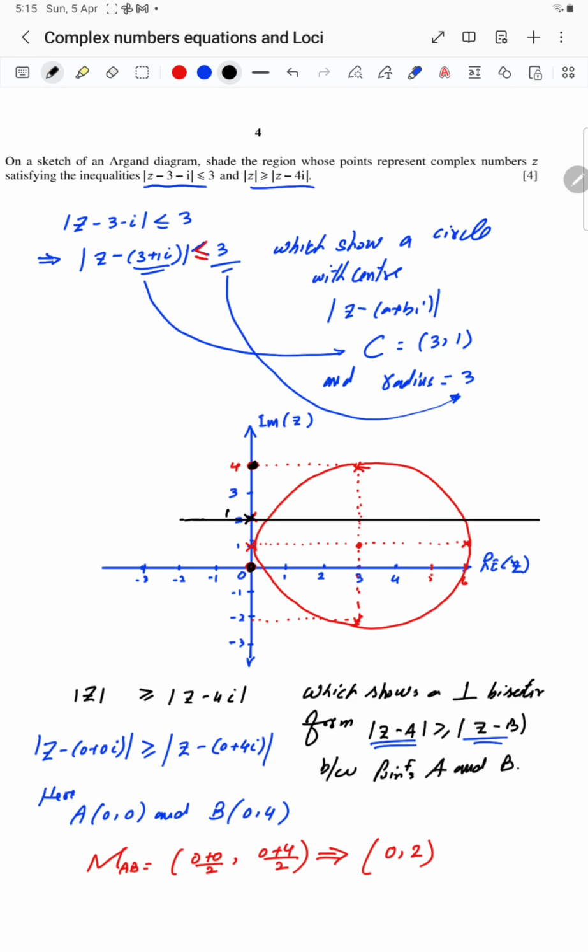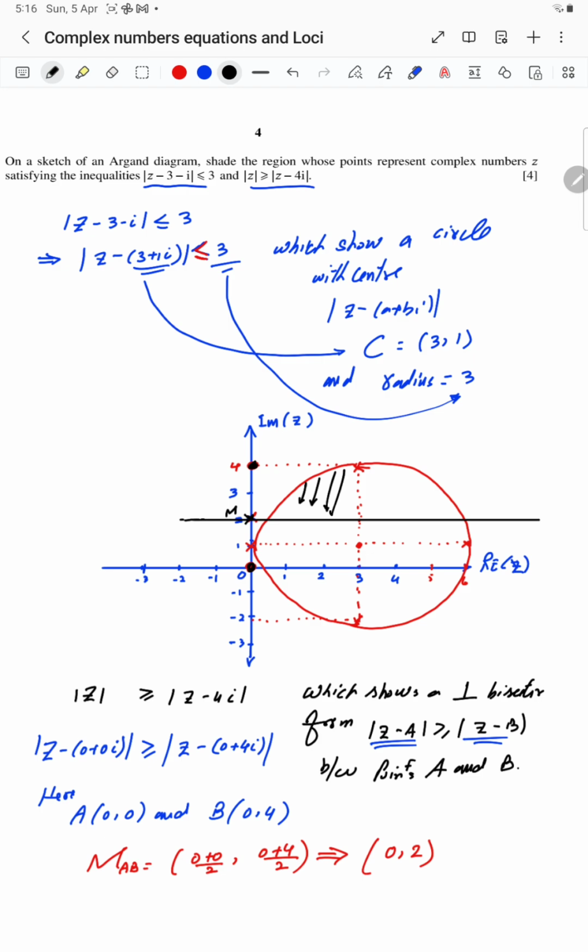This is the perpendicular bisector of AB, and as the condition says, the first inequality, modulus of z minus 3 minus i is less than or equal to 3, means all the shading is inside the circle. The second says modulus of z is bigger than modulus of z minus 4i, so it should be above this perpendicular bisector.